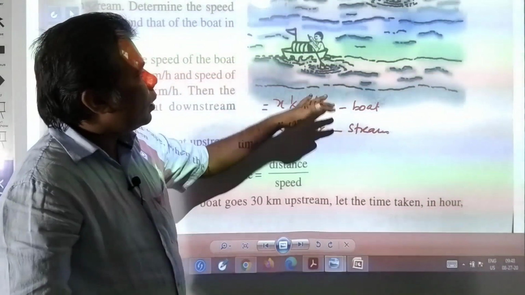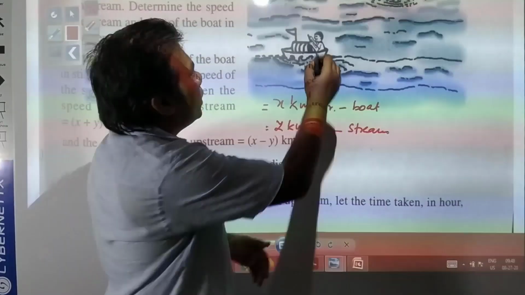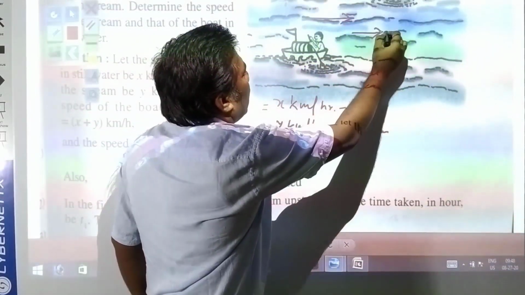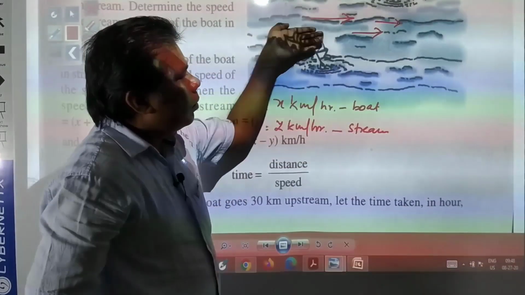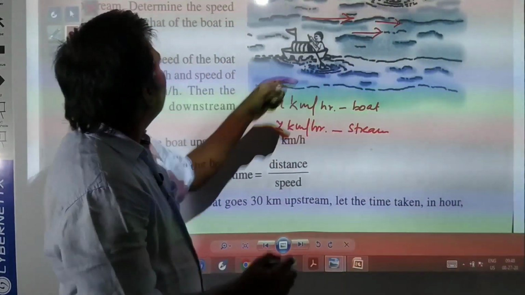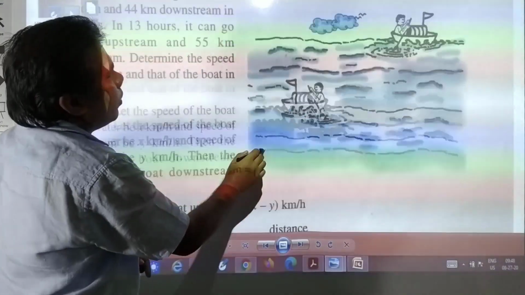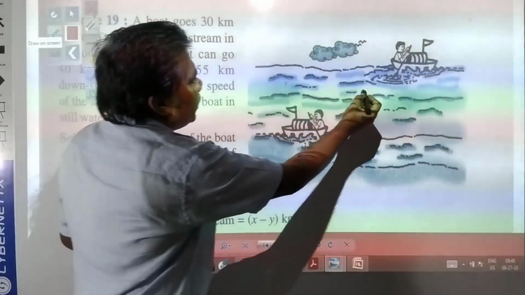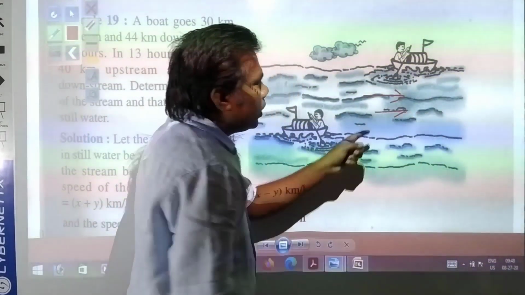Just assume a flow of water in this direction, so this is downstream. So if the boat goes together with it, in this figure you see, this will be downstream.